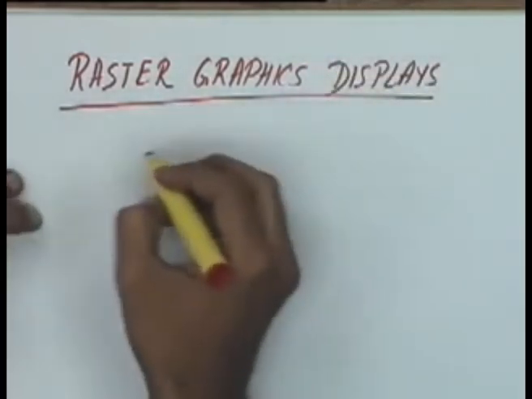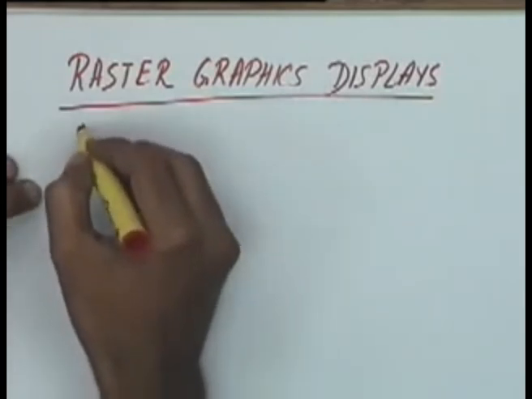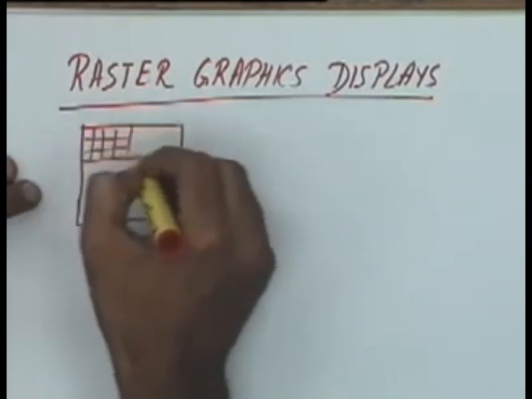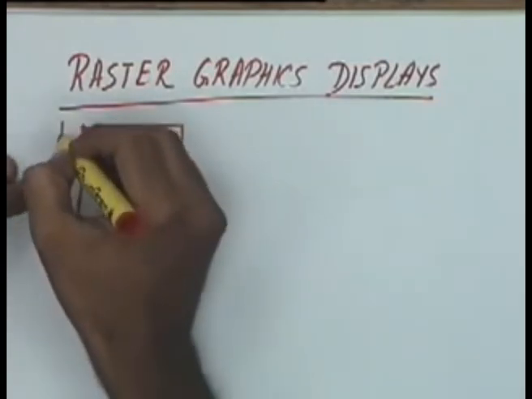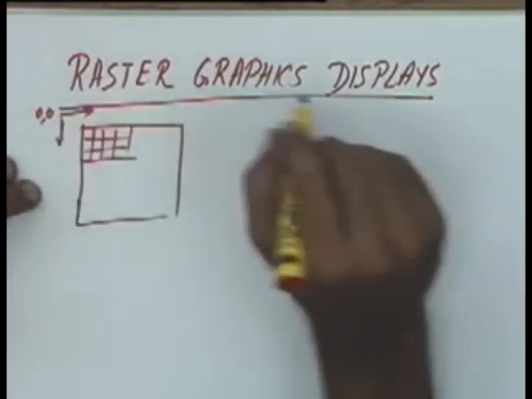I have just mentioned that in this type of displays, the screen is divided into an array of pixels, with 0 0 being the top left corner. This is by convention.